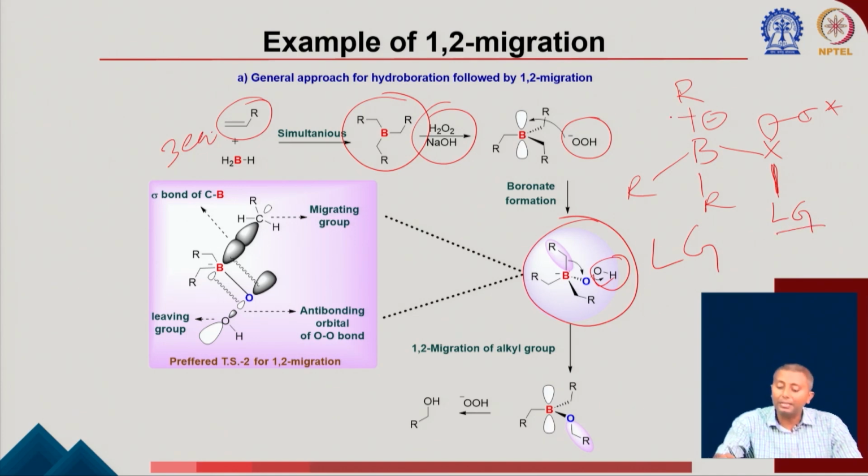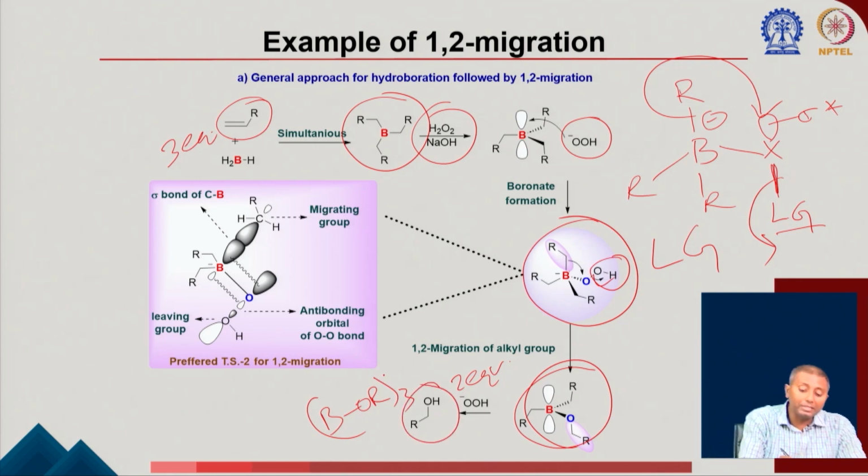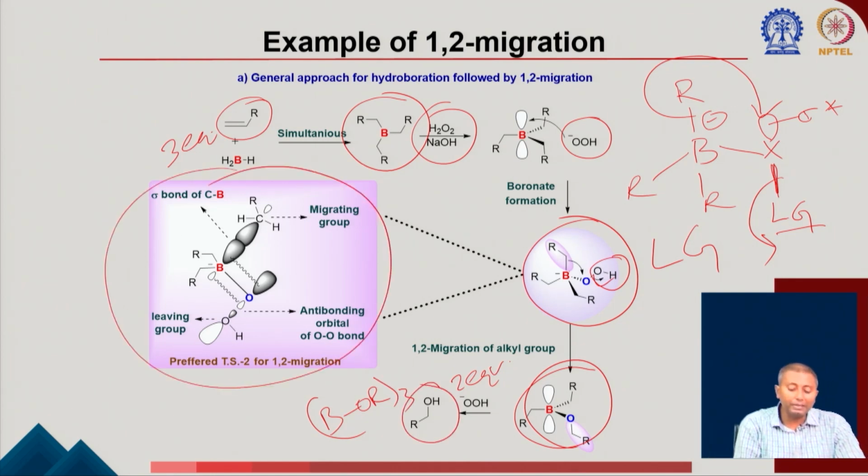If that happens, the 1,2 shift occurs to give the corresponding product. So that is how you come to this step first, and then two equivalents of another hydroperoxide come in and form all the way to B(OR)3, which hydrolyzes to the corresponding alcohol.